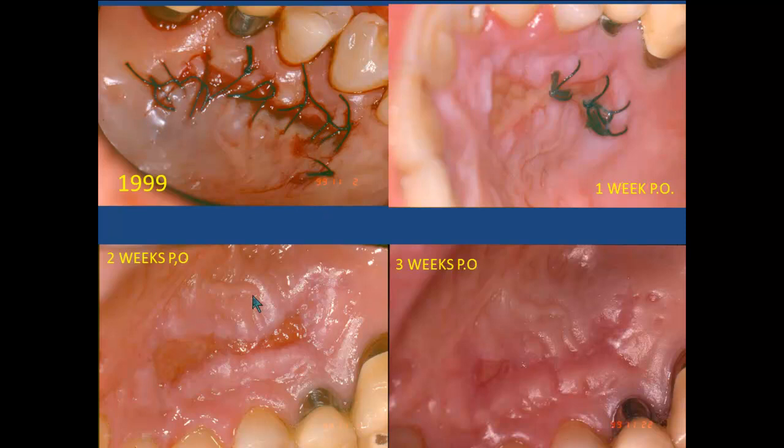And in 2 weeks post-operative, you can see the sloughed area healing with the epithelium creeping over the connective tissue exposed area. And in 3 weeks time post-operative, one can see a complete seal of the incision line covered completely with epithelium except at the very end of the horizontal incision line.